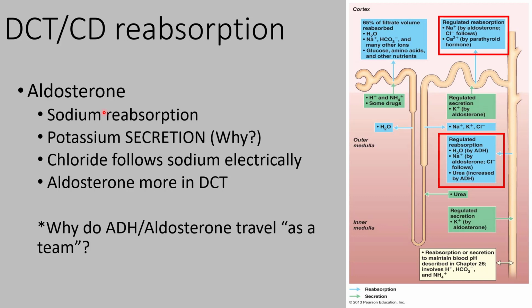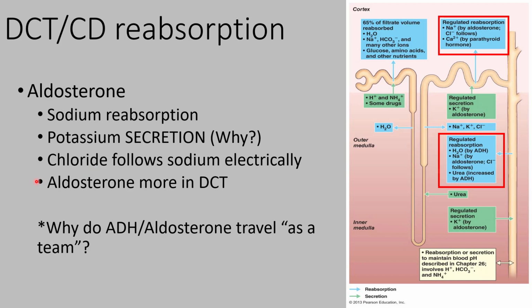Sodium-potassium pumps reabsorb sodium, secrete potassium. And if we're reabsorbing sodium, chloride's going to follow it. So it doesn't directly cause reabsorption of chloride, but it does indirectly, because chloride has a negative charge and we're reabsorbing positively charged sodium, so negatively charged chloride follows it.